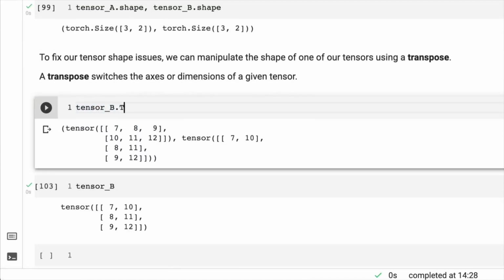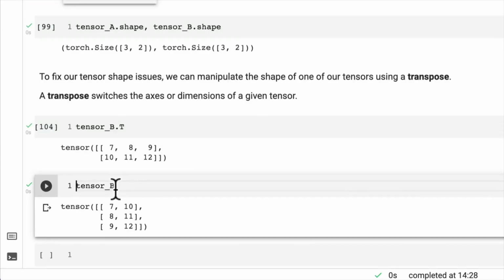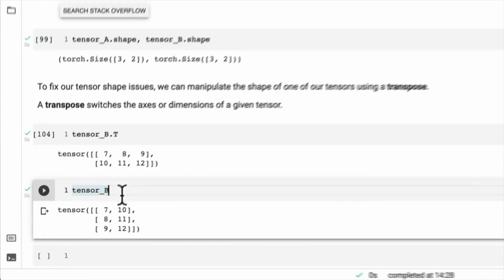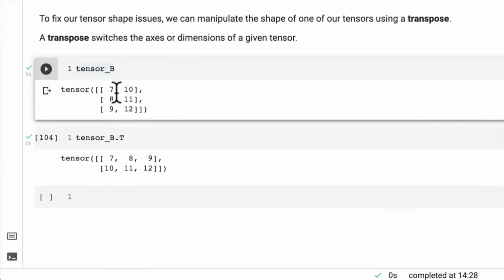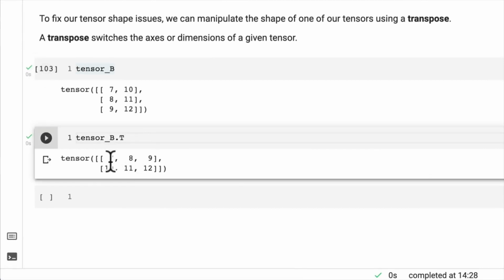So you see what's happened here? This is the original one, so we might put the original on top. Instead of the original one having 7, 8, 9, 10, 11, 12 down the vertical, the transpose has transposed it to 7, 8, 9 across the horizontal and 10, 11, 12 down here.